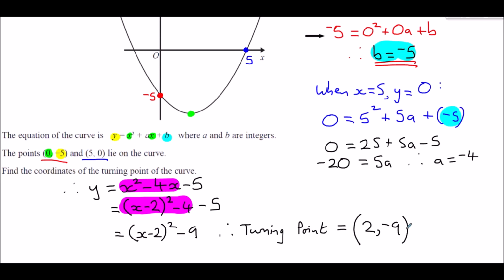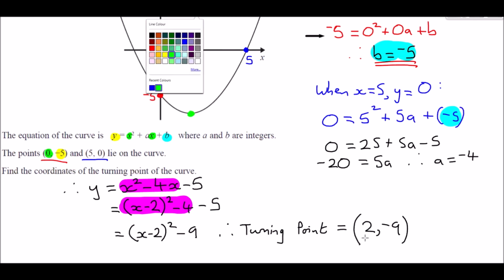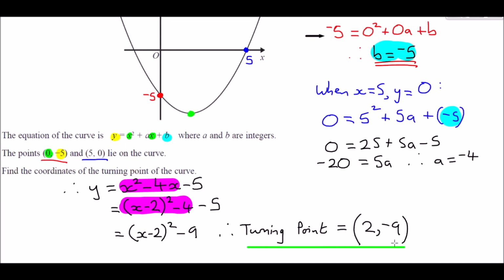So minus 2 becomes positive 2 for the x value. And this number at the end, minus 9, we just stick on, and that's the minimum y value. So the turning point, the coordinates of it, are 2 and minus 9 for y. And that is all we need to do for that one. So the turning point, when x is 2, y, down here would be minus 9.